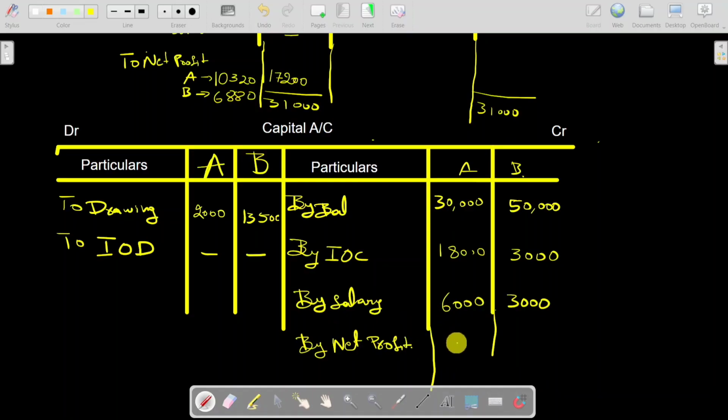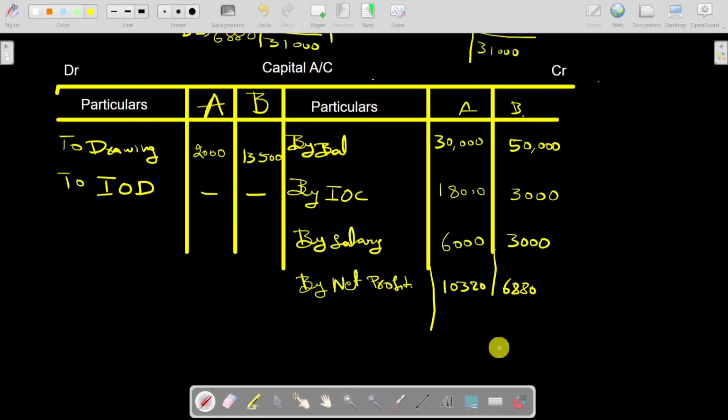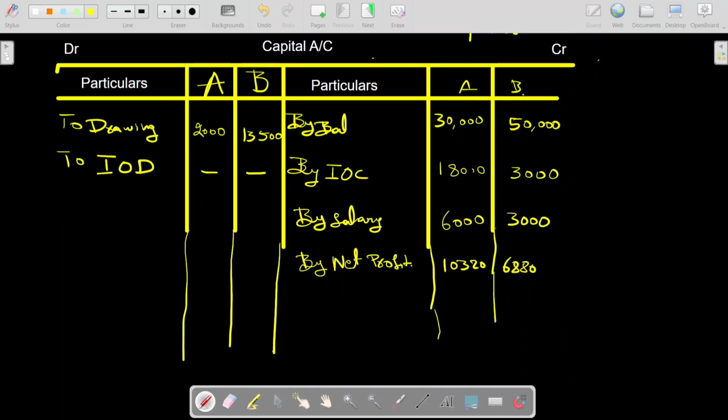A is getting 10,320, B is getting 6,880. So that we have to record. Right, now we are going to do the balancing.